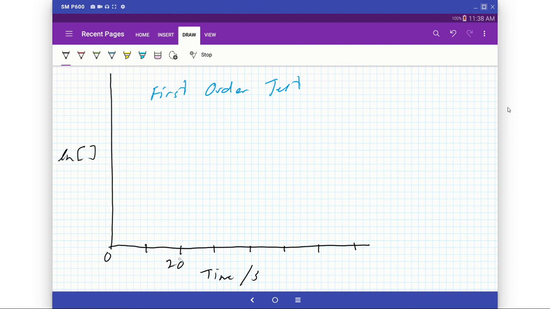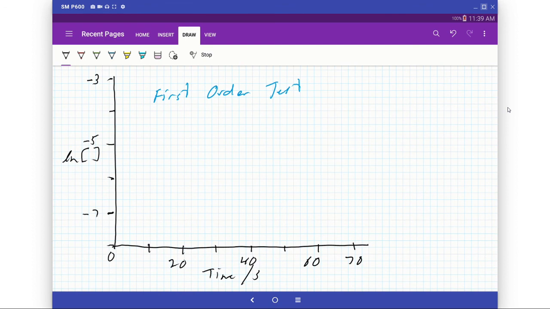So this would be 20, 40, 60, 70. And on the vertical axis, you need to look at the data, and what you find is that it ranges from around -3 to -8. So -3, -5, -7. There we go. So there is our data that we now want to do our test for first order with.